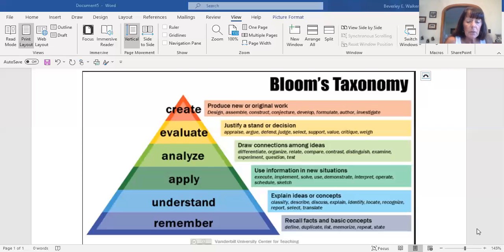So if we are going to ask people, say we've got a group of fourth graders and we're going to ask them to talk about home escape planning and how they have to decide whether to use their primary exit pathway or their secondary exit pathway, that again is a little bit higher order, maybe analyzing. They have to analyze the situation and make that determination.